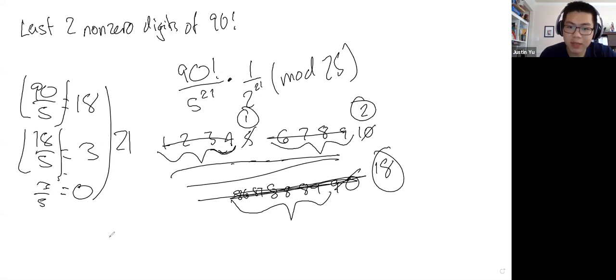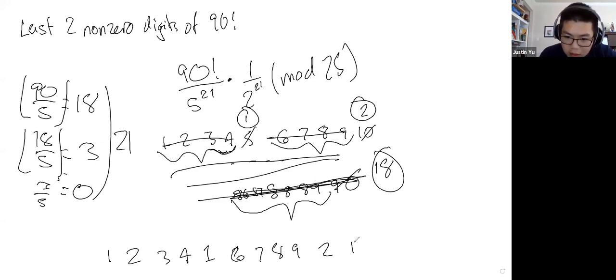We have to be a bit more careful because we can't have any 5s. So you have 1, 2, 3, 4. It would be a 5, but instead we have a 1. 6, 7, 8, 9. I'll explain what I'm doing.